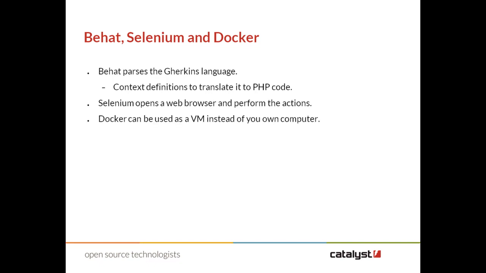You can run it on your machine, but you're going to see the browser opening and things happening like magic. The alternative here is to use Docker, so it runs in a VM away from your real browser. Don't worry, you can still remote access and see everything that's happening there.